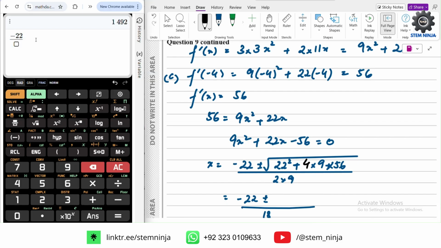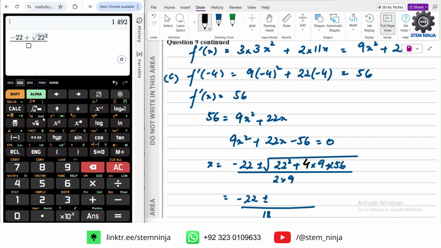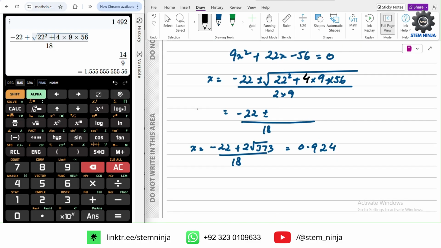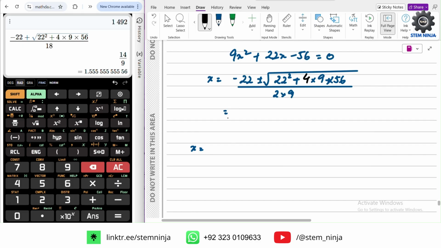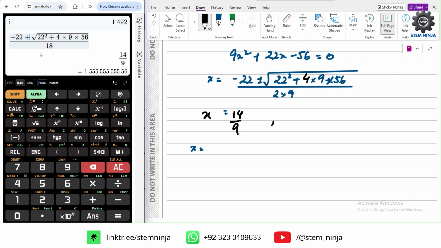Okay, so minus 22 plus or minus the square root of 22 squared minus 4 times 9 times 56, and the other is 18. So plus 14 over 9. Sorry. Okay. So one answer is 14 over 9, and the other answer would be minus 4.